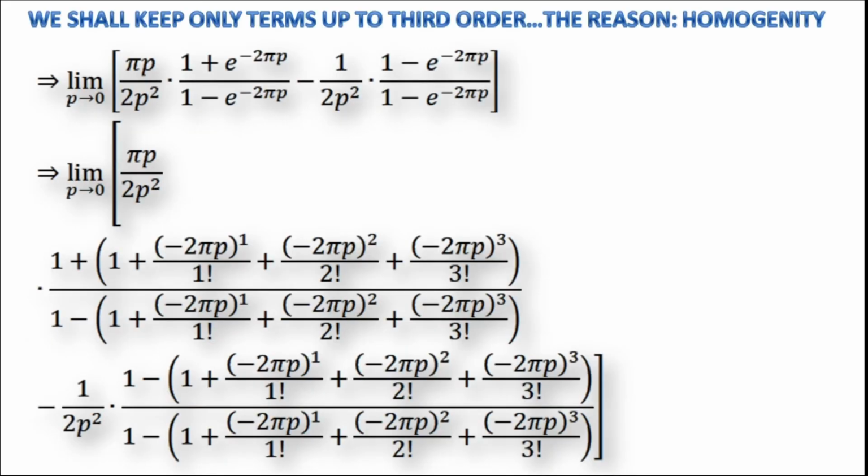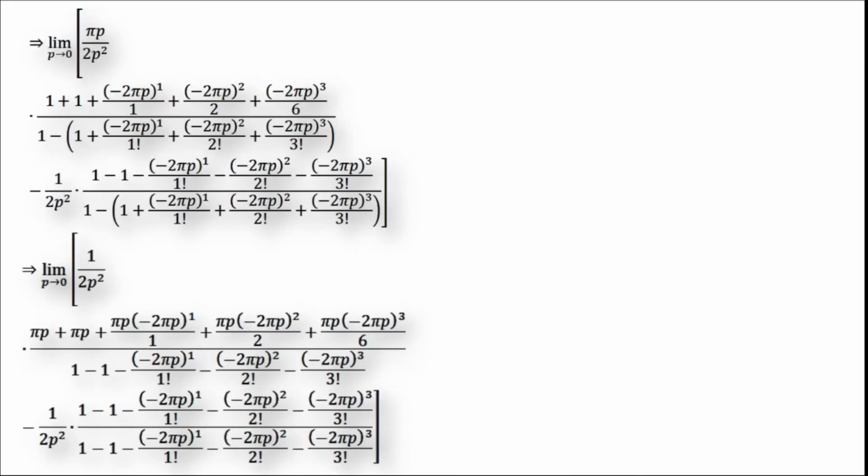So now we apply the plus and minus within brackets upstairs and downstairs. 1 plus 1 plus minus 2 pi p, 2 pi p whole power 1 by 1 factorial, 1 minus 2 pi p whole square by 2 plus 2 pi p minus 2 pi p cube by 6. 6 comes from 3 factorial, 3 multiplied by 2 multiplied by 1.